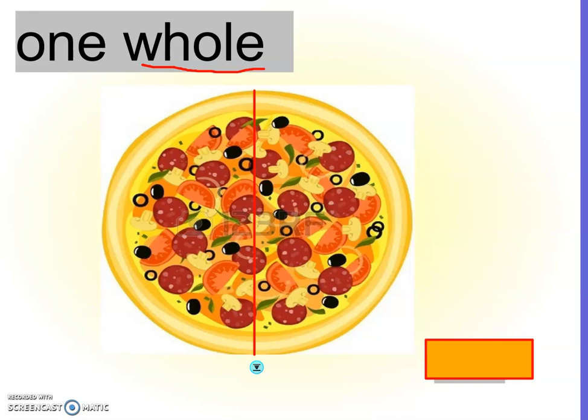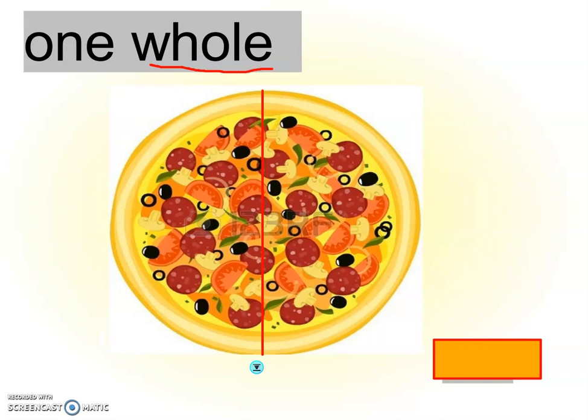So I've cut my pizza into half. Do both the sides look similar? Same size? Yes. My pizza looks the same size for both, for mommy and for me. Does your pizza look the same? Check with your mummies. Did she get the same size?